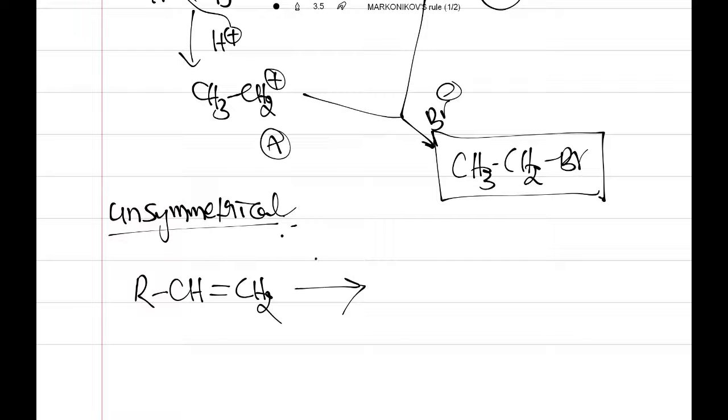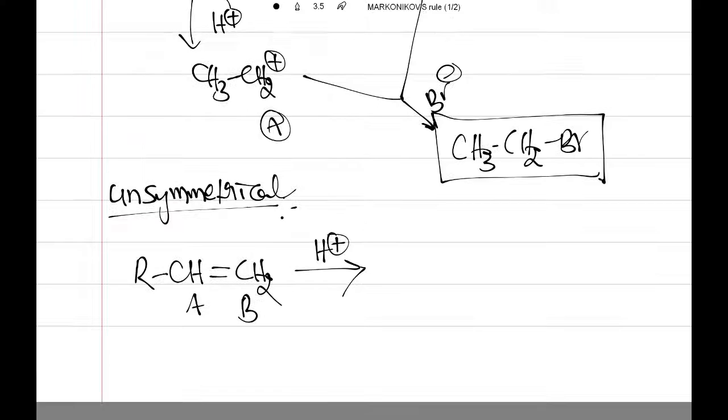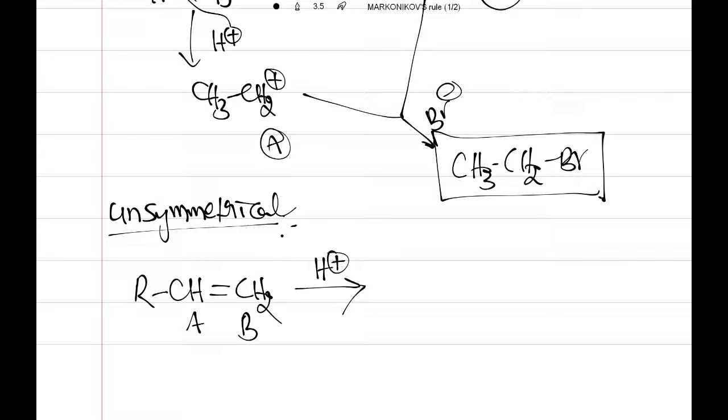Here also two possible ways are there: H plus may be attached to the A carbon or the B carbon. Now which one is the major product, the more predominant product? That is explained by the Markovnikov addition reaction.